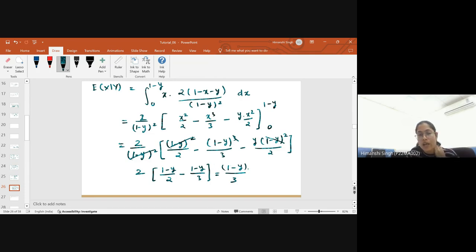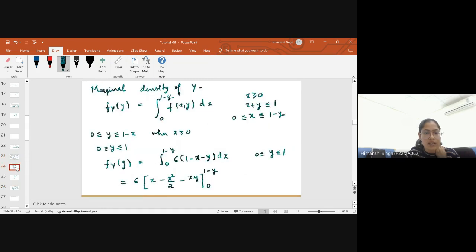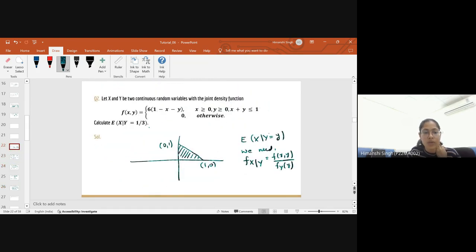Now we calculate for the value of y that has been asked, y equal to 1 by 3.